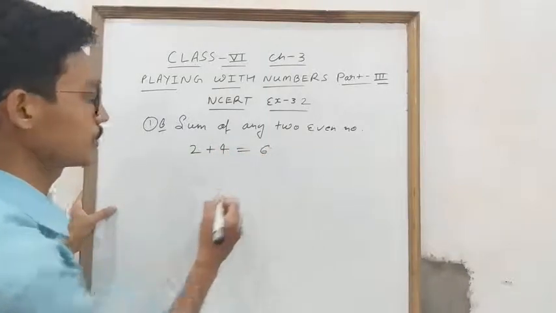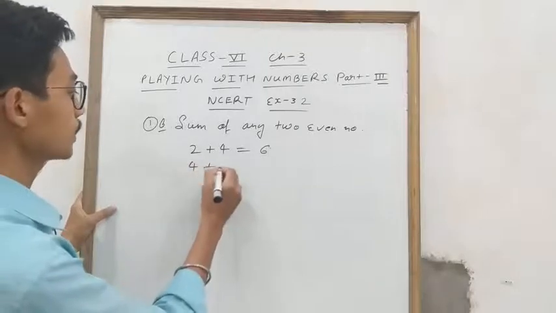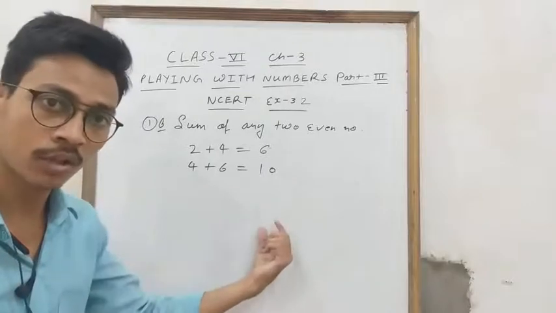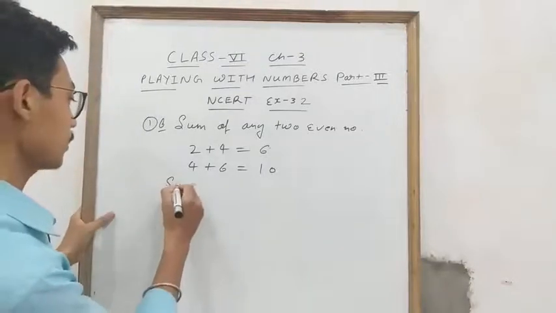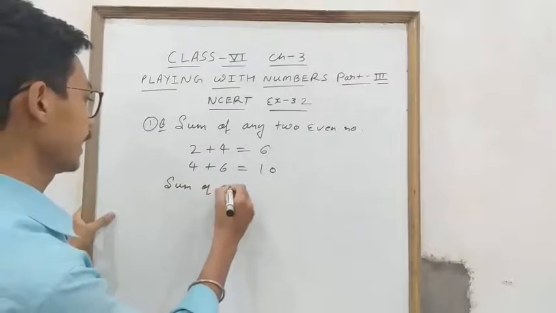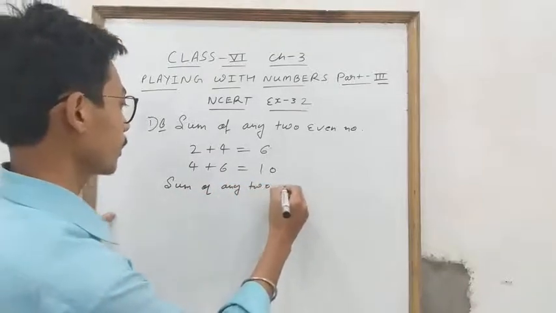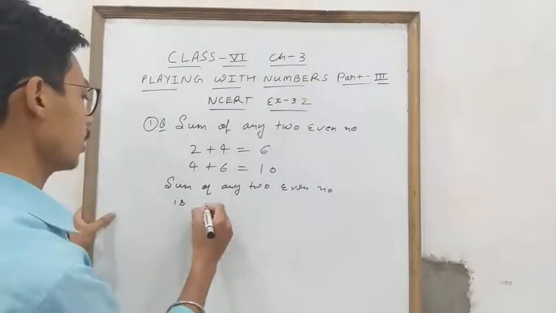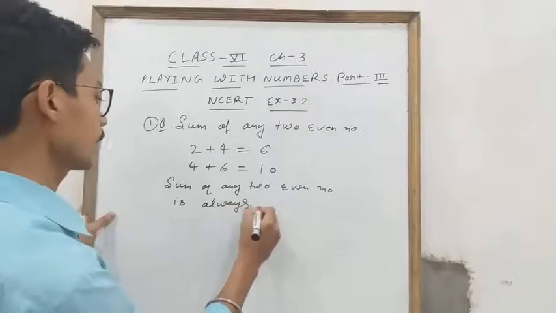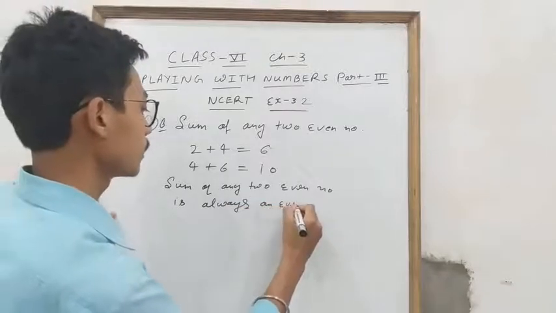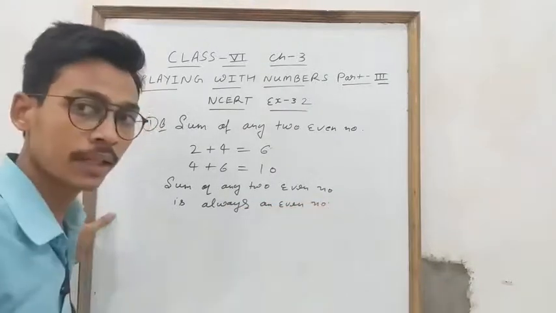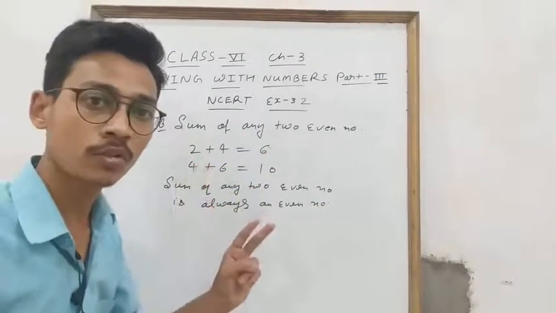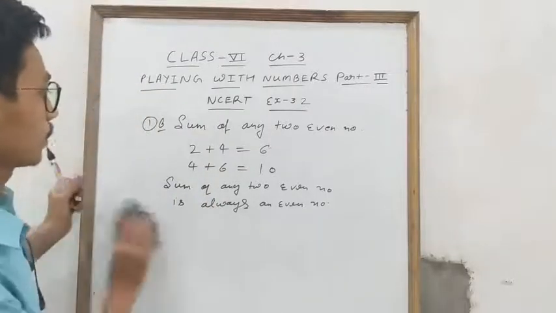So this is 6. 4 and 6 is 10. So the sum of any two even numbers is also an even number, always an even number. Clear, everyone? Sum of any two even numbers is even, and sum of any two odd numbers is also even. Clear everyone? Okay, now move to the next question.